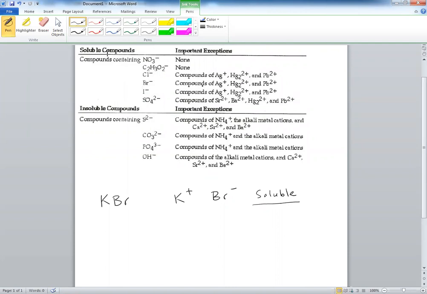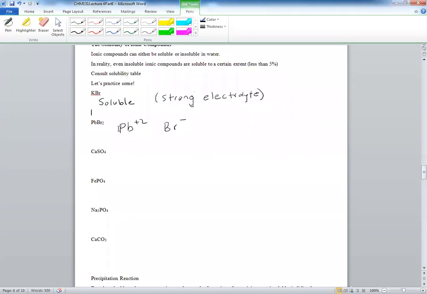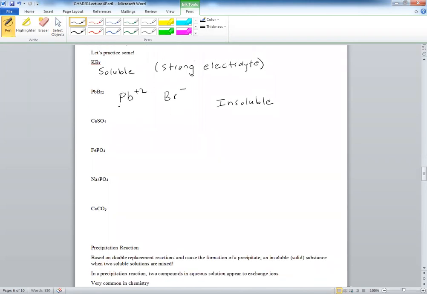However, is Pb one of the exceptions? Yes, right here. It's right there. So that makes it insoluble. Again, Pb is an exception. So this is insoluble. So this is an exception.